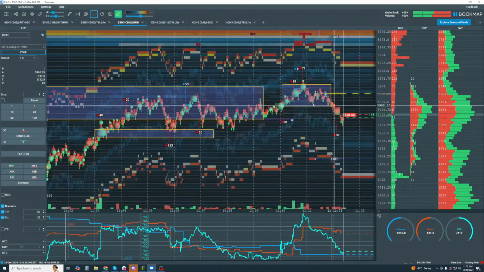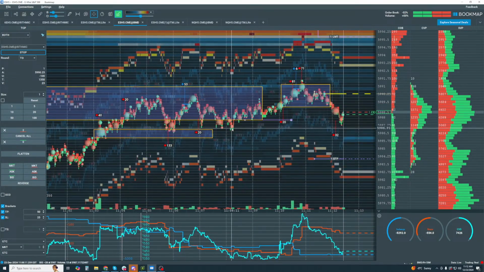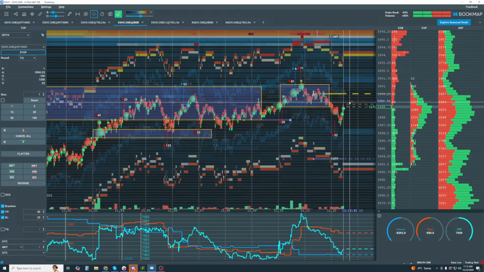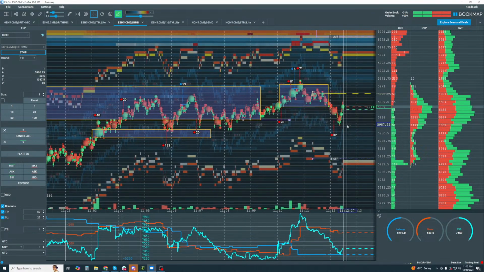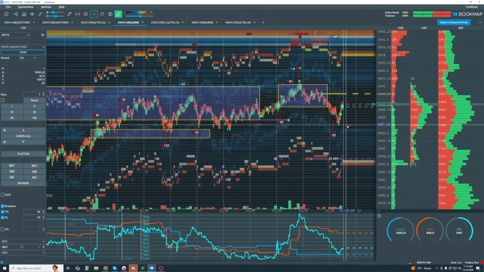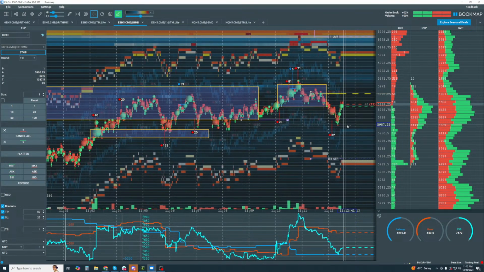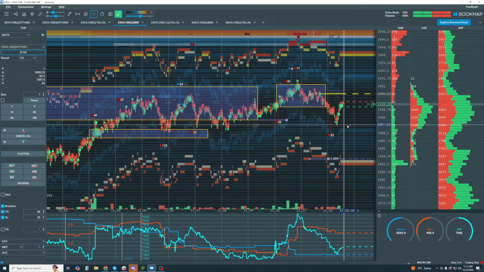And we just can't catch a break today. Let's see if we get more demand come back in. They're trying, but it doesn't look too convincing here. They're back in the range.